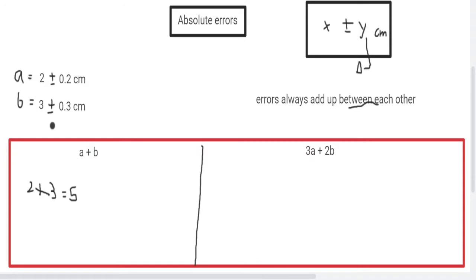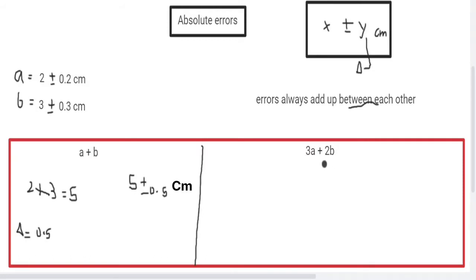I would call this delta, and delta would be equal to the error in A plus the error in B. The error in A is 0.2. The error in B is 0.3. So 0.2 plus 0.3 would give me 0.5, and 0.5 is going to be my error. So the final answer for A plus B would be 5 plus or minus 0.5.